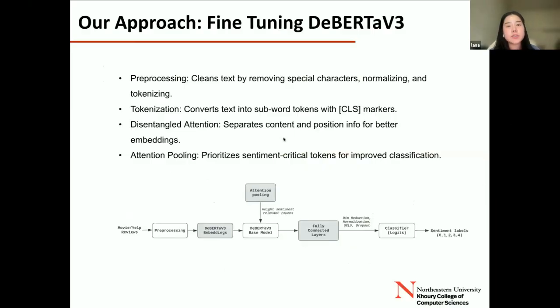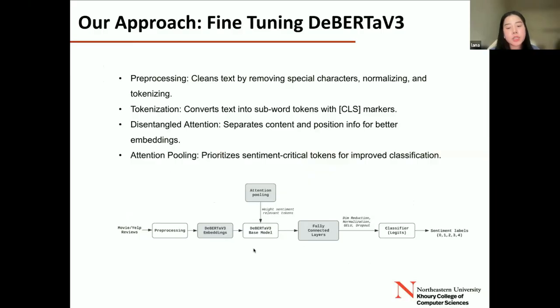So our approach is fine-tuning DeBERTaV3, and this diagram shows the overall structure of the fine-tuning process. First we pre-process text by normalizing and tokenizing it before passing it to the model. Next, we also use attention pooling to prioritize sentiment-critical words, ensuring the model focuses on the most relevant tokens.